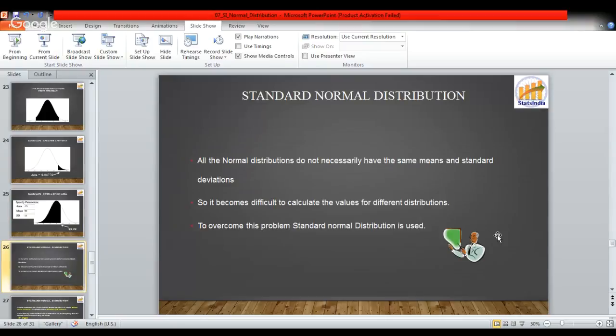So it becomes difficult to calculate the values for different distributions, and that is why the idea of standard normal distribution kicked in. What is standard normal distribution?